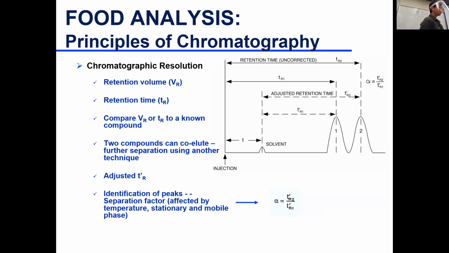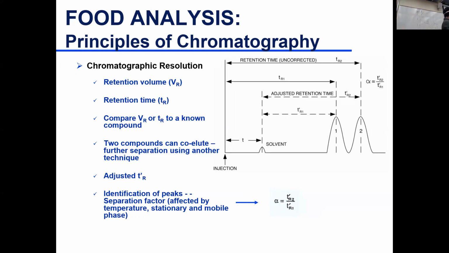Okay. So I want to introduce you now to a few terms that you will hear as I explain resolution and how we can determine the resolution of our system. So you will hear retention volume. Basically, this is the volume of the mobile phase we needed to get the compound out.